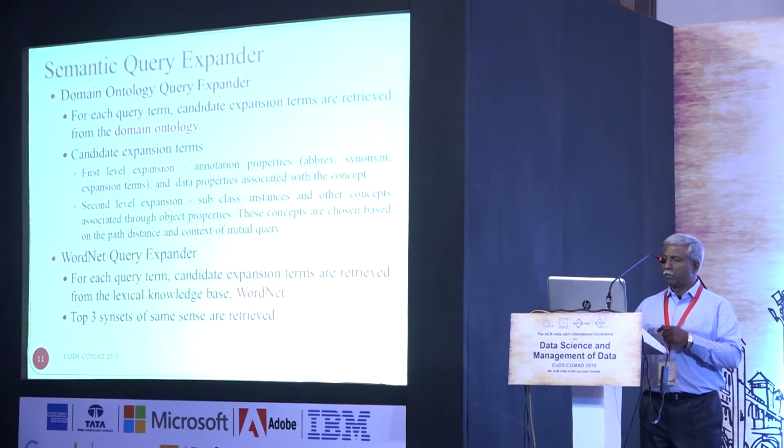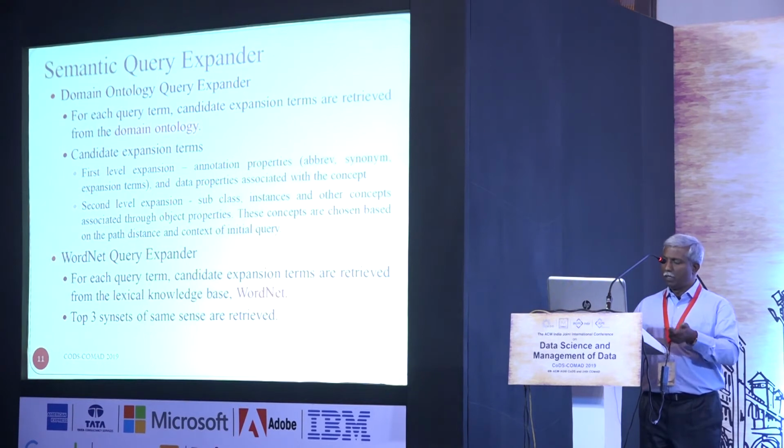The query expansion is done at two levels. The first level uses the domain ontology query expander. We identify the subclasses relevant to a particular keyword, maybe the instances and other concepts associated through the object properties in the domain ontology. So we enrich the query at the first level.